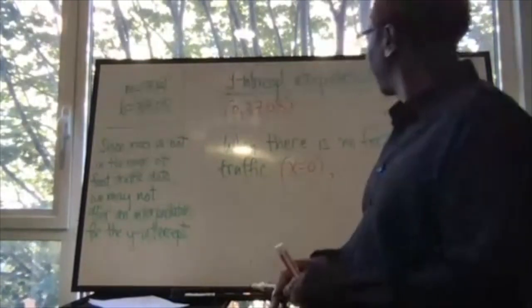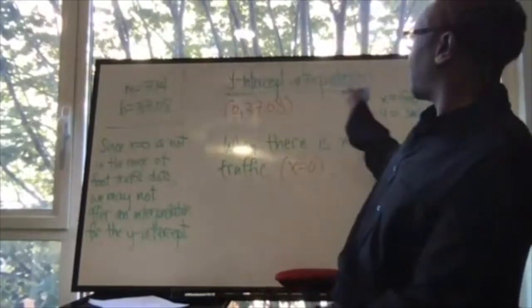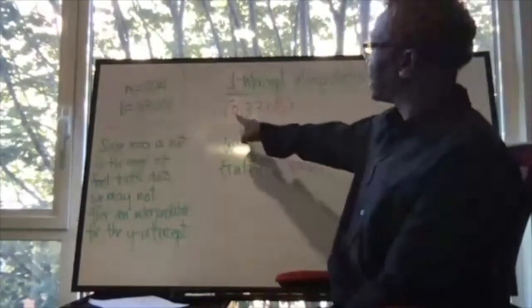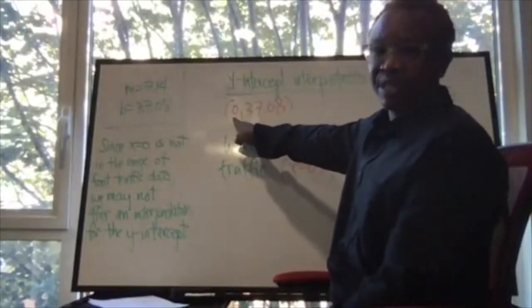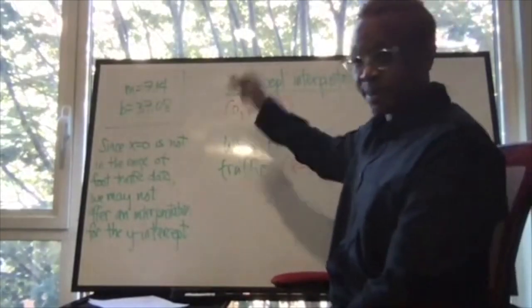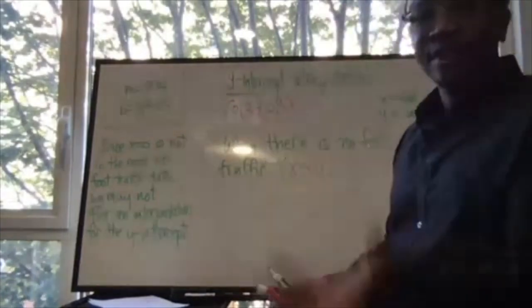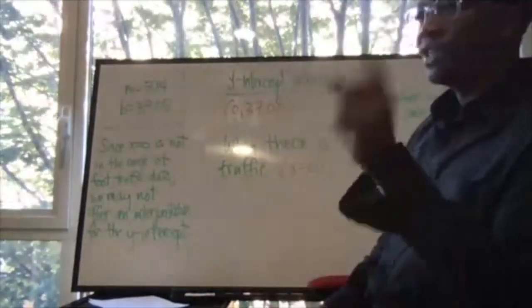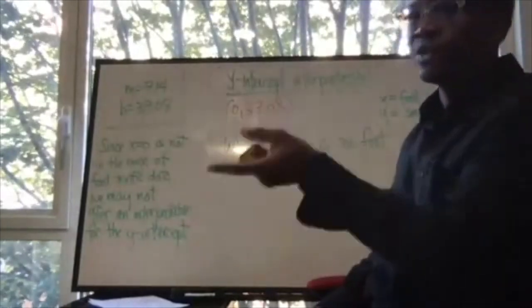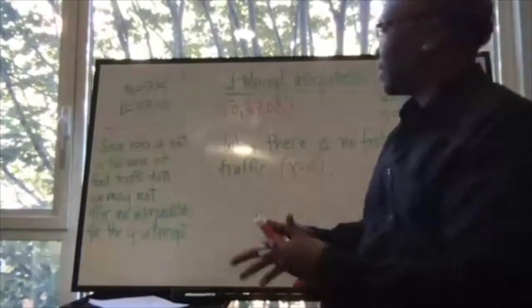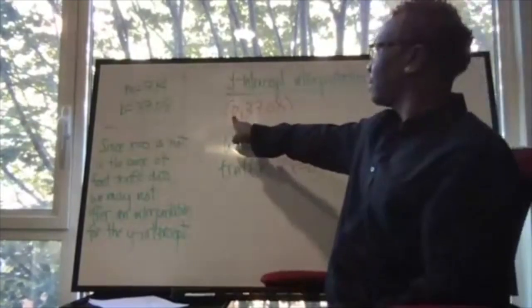You see that, right? So the first step when I'm interpreting the y-intercept is to bring some kind of understanding in terms of what X equals 0 means in the context of the problem. If X is foot traffic, X equals 0 for foot traffic means there is no foot traffic. So I have to interpret this part here, 0.